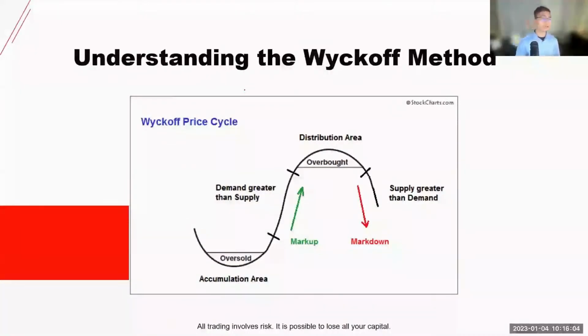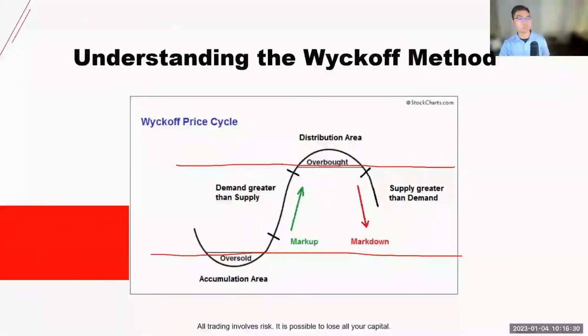So next, understanding the Wyckoff method. So normally, if you look at an RSI, relative strength index, I'm sure most of you guys, beginner traders, at the start, when you open TradingView, open MetaTrader 4, there's usually an indicator, the MACD indicator, the RSI indicator. So for the RSI, it will show as oversold. For the RSI, it also shows that it's overbought.